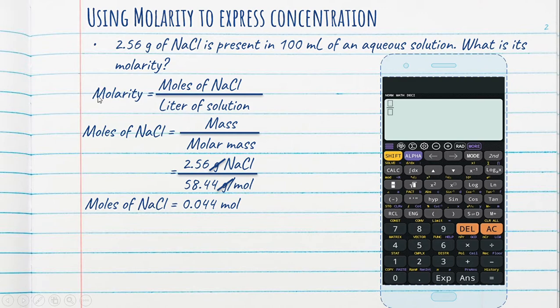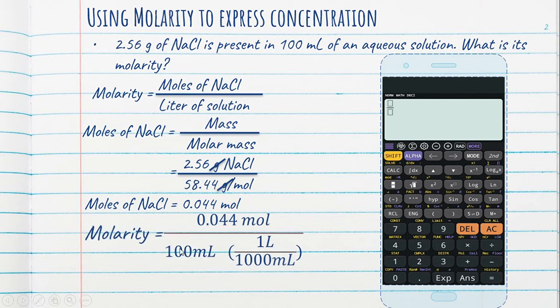Now that we have the moles of sodium chloride, we can now get the molarity. But notice that it is liter of the solution, but in the problem it is milliliter. So we have to convert it to liter, which will become like this.